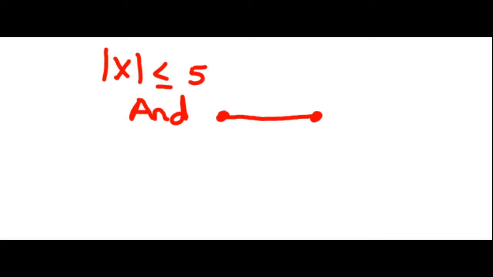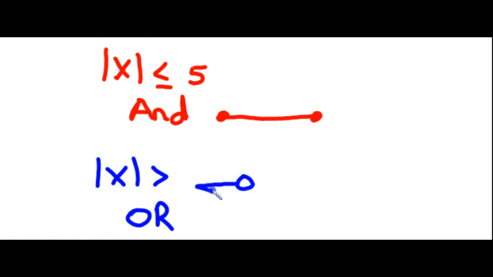If it is greater than or equal to, it's like an OR compound inequality, so it will be going in two different directions, because it's a distance greater than.